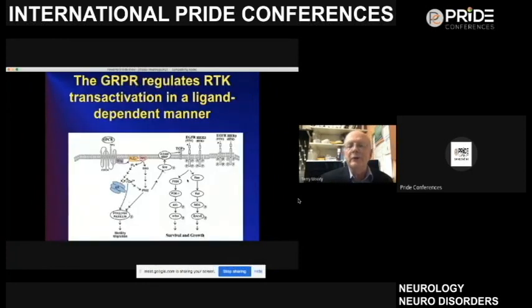This is a cartoon illustrating the transactivation phenomenon. The G protein coupled receptor causes PI turnover, rapidly increasing cytosolic calcium and activation of protein kinase C. And then after about a minute, we have GRP in the cells. TGF alpha is increased in the cytosol. Normally it's present in the membrane. It's an inactive precursor.